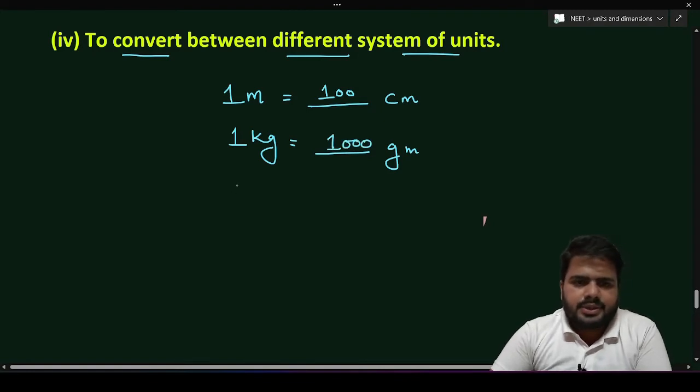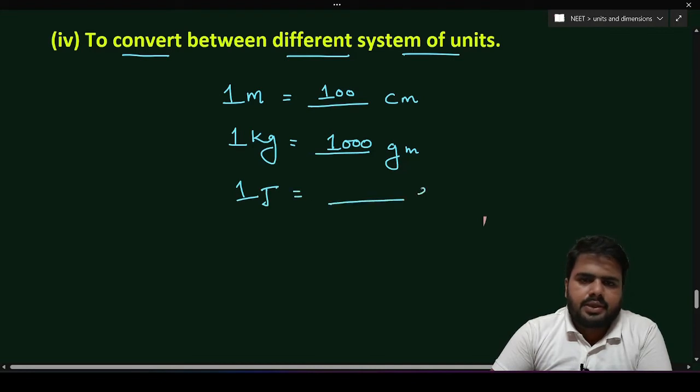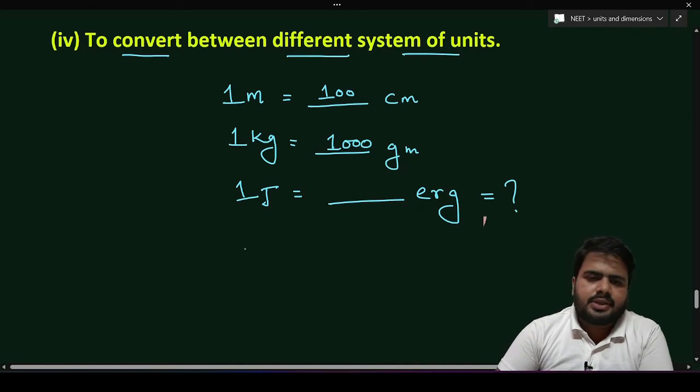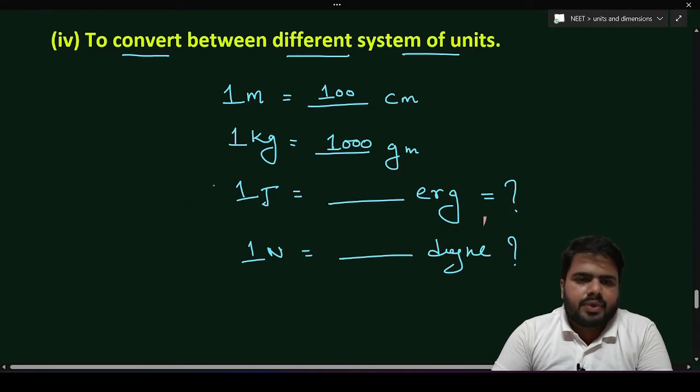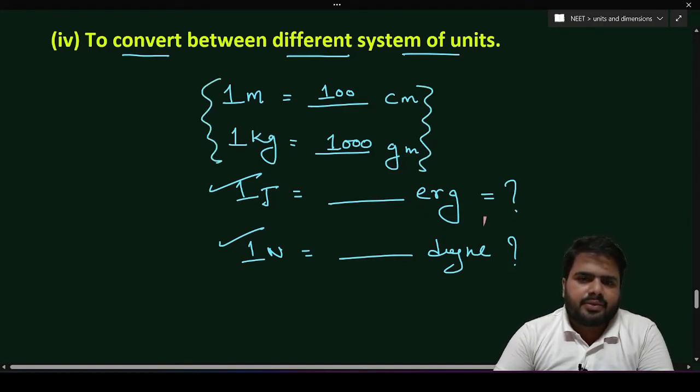But if I say 1 joule equals dash erg, then what will be the answer? Similarly, 1 newton equals dash dyne, so what will be the answer? We have to derive these values. Here you see these are the basic quantities, that's why we can directly convert them.